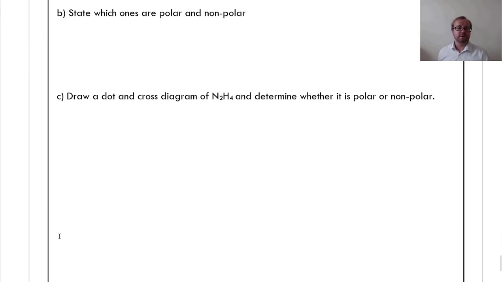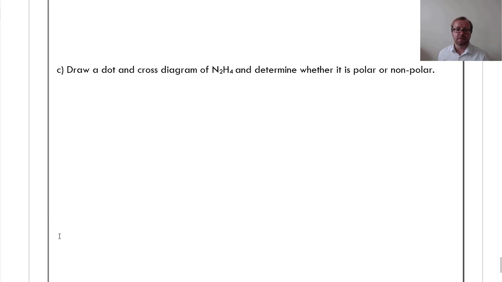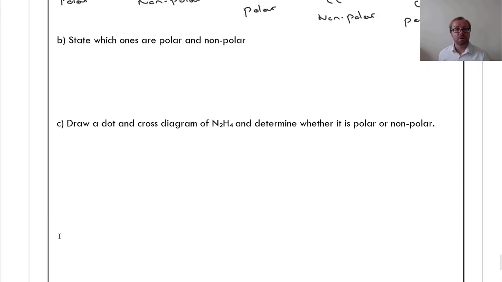Okay, draw a dot and cross diagram of N2H4 and determine whether it is polar or non-polar. Right, so let's have a go at doing this. If you remember how to draw dot and cross diagrams, I'm going to just go quickly around with my nitrogen. Now it's in group 5, so it must have 5 outer electrons.